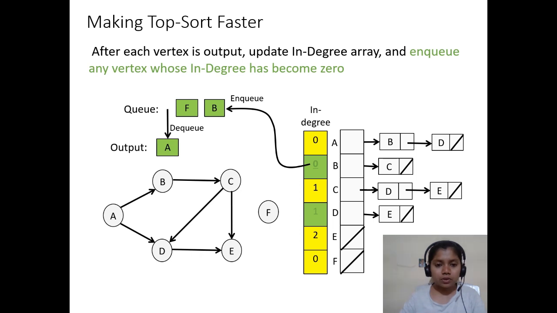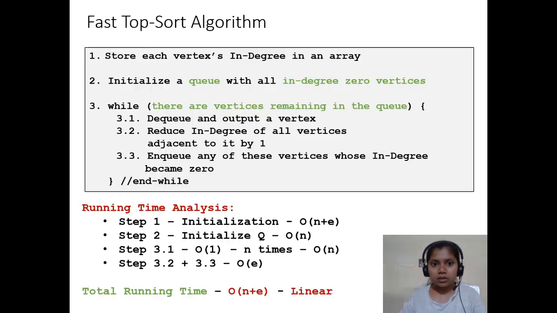Now if we remove the vertex A from the queue and move it to the output, then vertex B has no incoming edges, so B is enqueued to the queue.